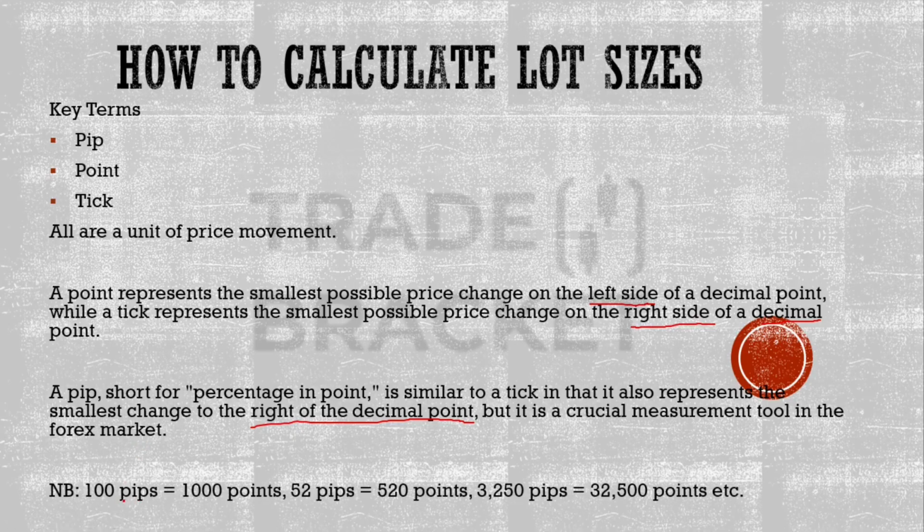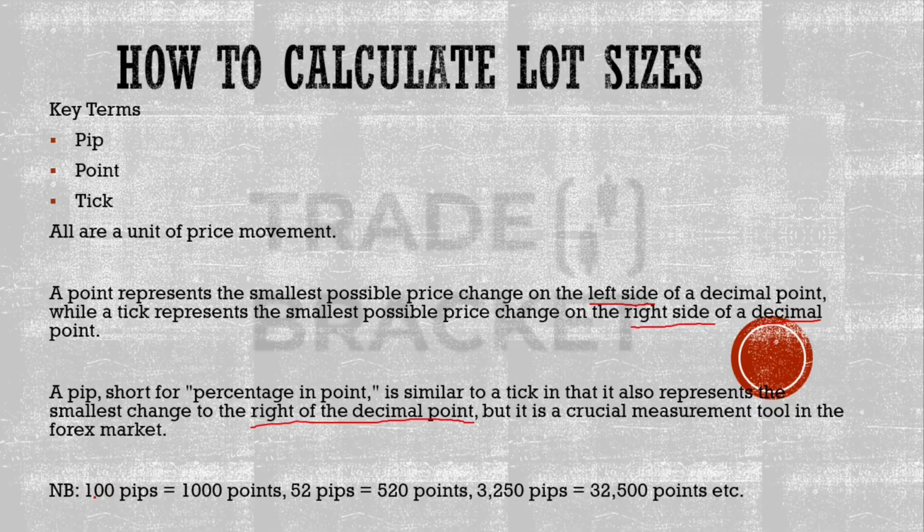So this is what I want you to note. This is just a simple calculation that you can do. 100 pips is equivalent to 1,000 points. 52 pips will be equal to 520 points. The easiest way to calculate: let's say you had 100 pips and you want to know how many points are in 100 pips.